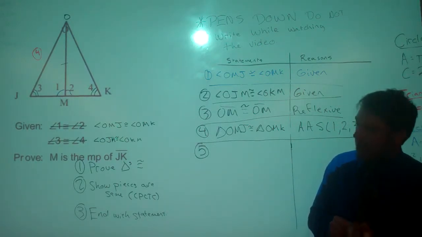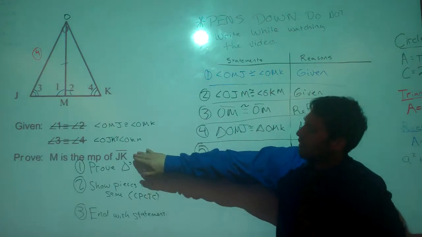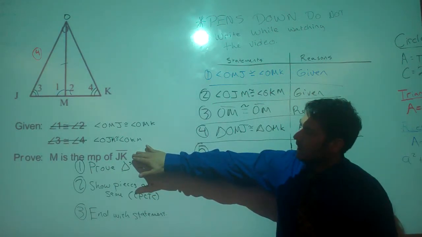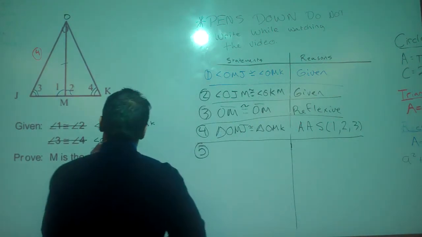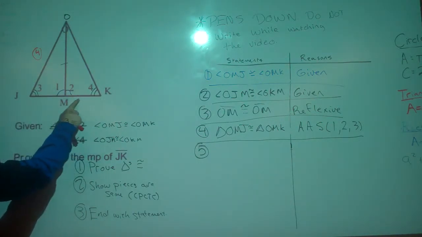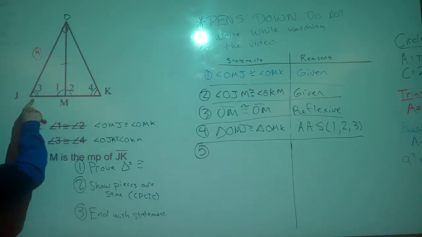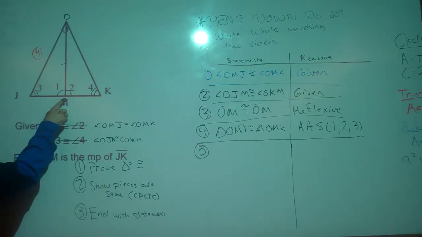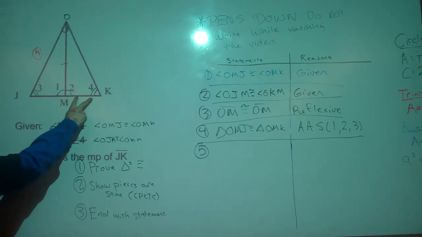Whenever I'm at this step, I need to look at what my goal is so that I choose pieces that are helpful to me. The goal of this proof is to show that M is halfway or exactly in the middle of J and K. If M is in the middle, then the 2 sides would have to be the same.